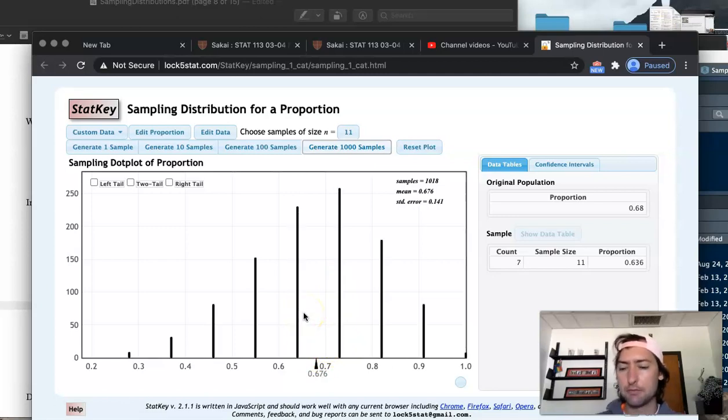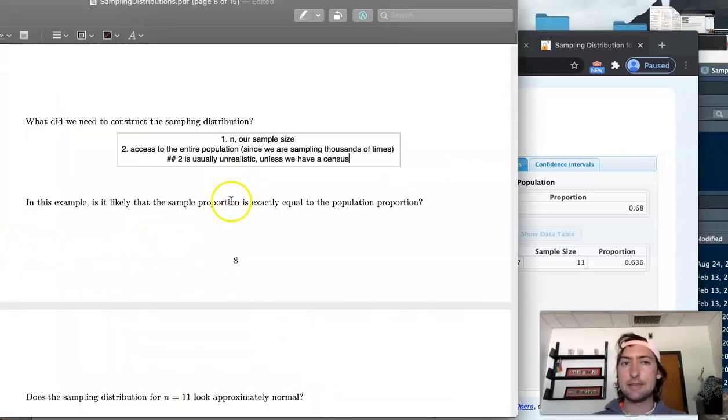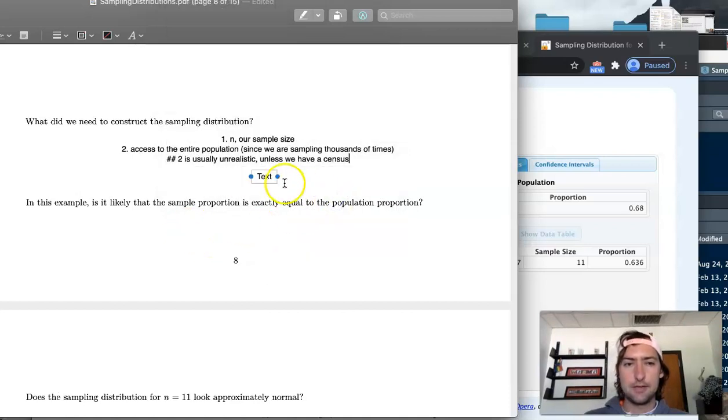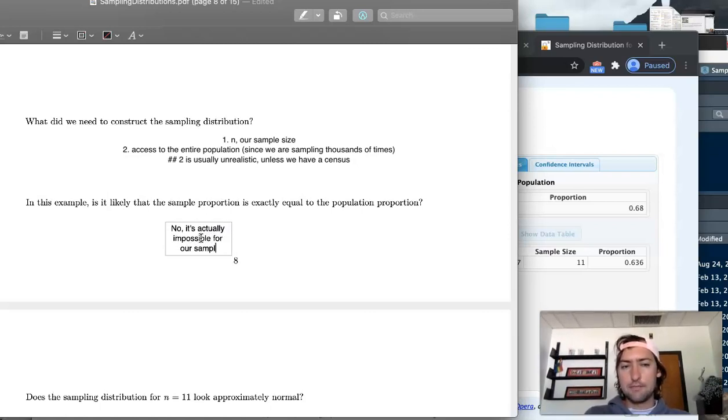Remember, the population proportion was 0.68. Because we have a sample size of 11, it's impossible for our sample proportion to exactly match it. So for this question, the answer is no, it's actually impossible for our sample proportion to be 0.68 in this example.